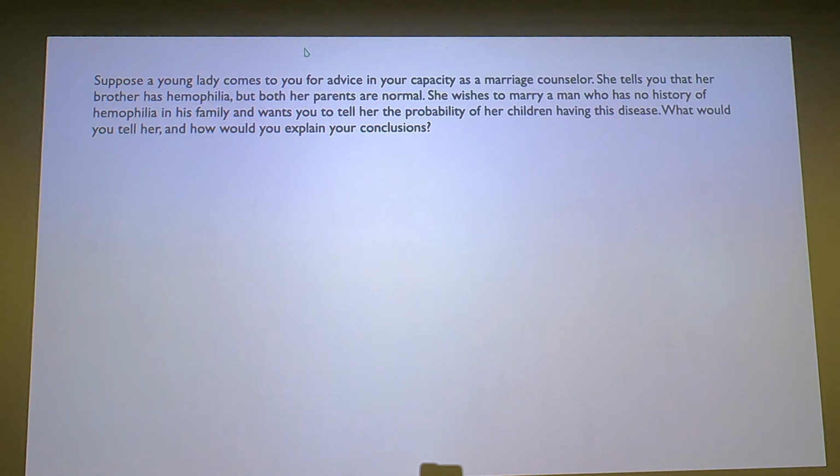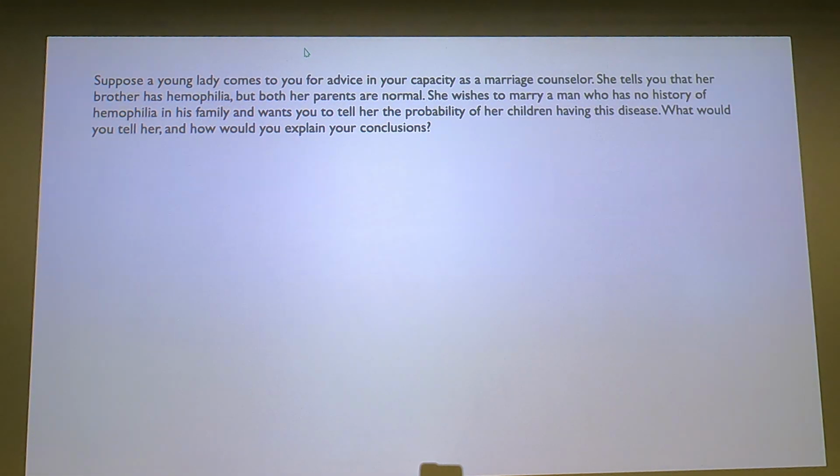So you can do that. If you got money to spare, you can go out and get your X chromosome sequenced and look for characteristic alleles there. But anyway, if she doesn't have the allele, clean bill of health, you're not going to have any hemophiliac children.